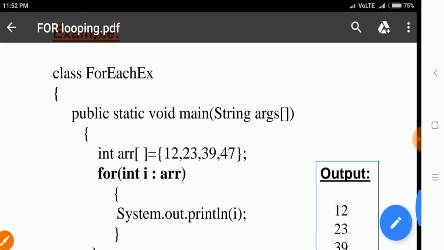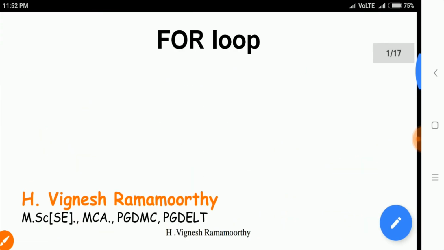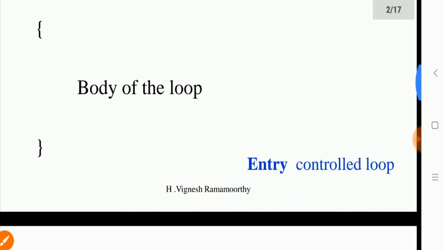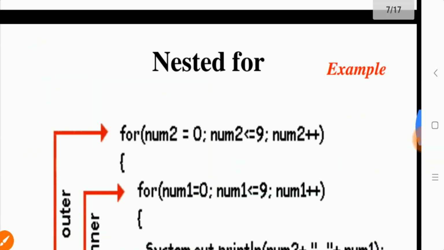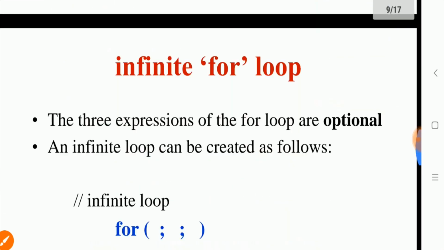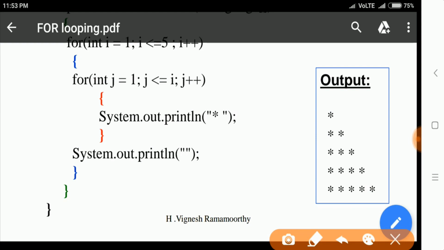Today we have seen for with an example and the syntax, and we saw what is nested for, with an example where we had pattern programming, the creation of patterns.